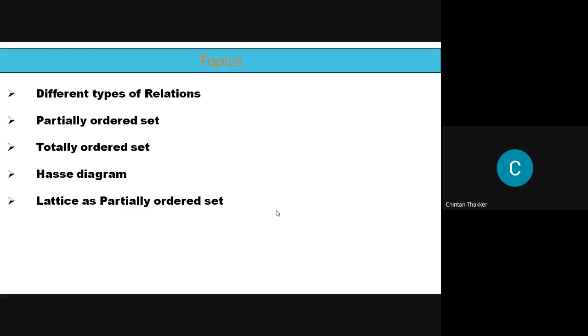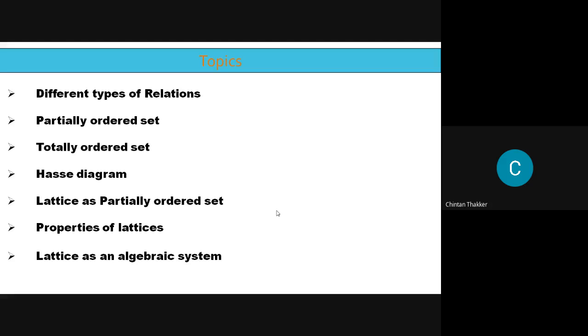Then we have lattice. In this chapter, we define the lattice in two ways. One is we define the lattice using poset, that is partial order set, and second we define the lattice using algebraic system.